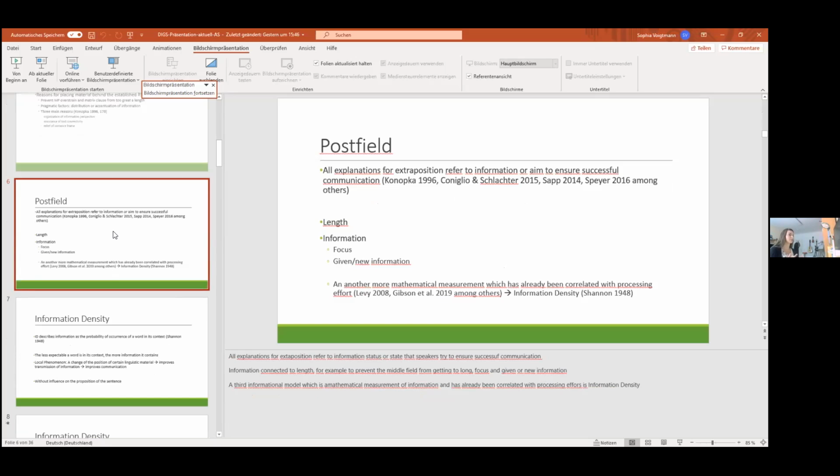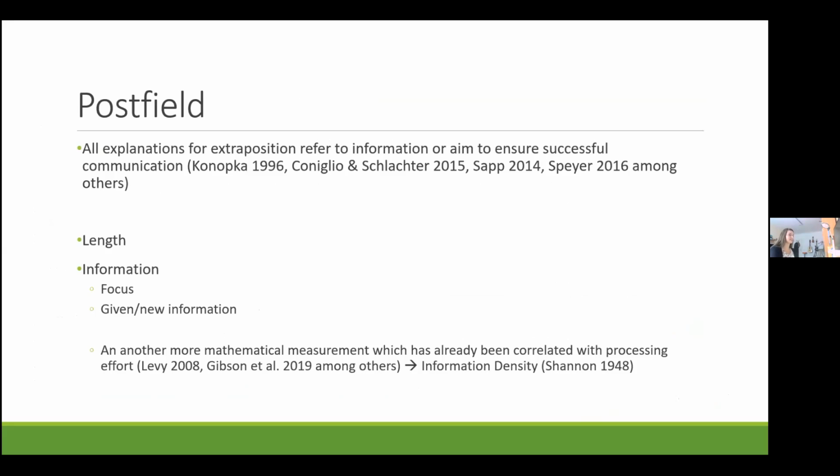So we want to prevent the middle field from being too big and the distance between the sentence brackets from being too far apart. The second explanation for placing material in the postfield is information. And most studies I'm aware of are concerned with focus or given and new information as an explanation.